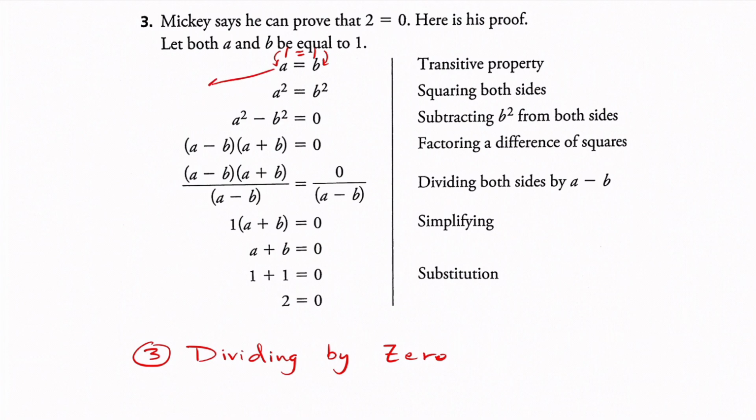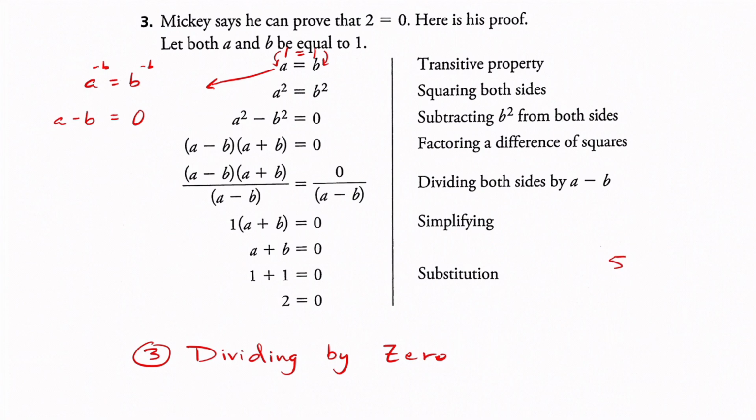If we take this first statement, a equals b, so I'm just going to write that here. Then what I'll do is I'll subtract a b from both sides. So these b's will cancel. And on this side I'll have a minus b. And on that side we just had 0. So I know that a minus b equals 0. And recall that we can't divide by 0.